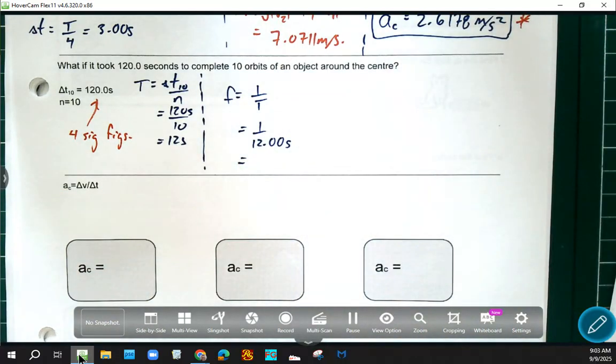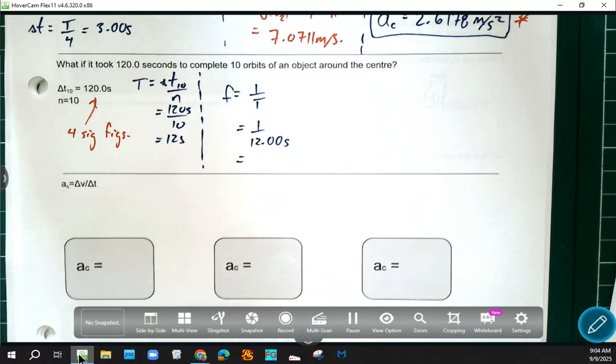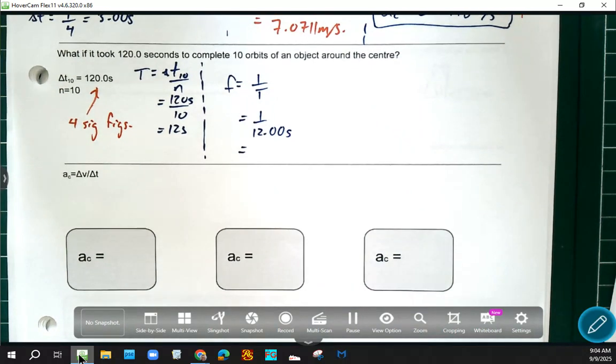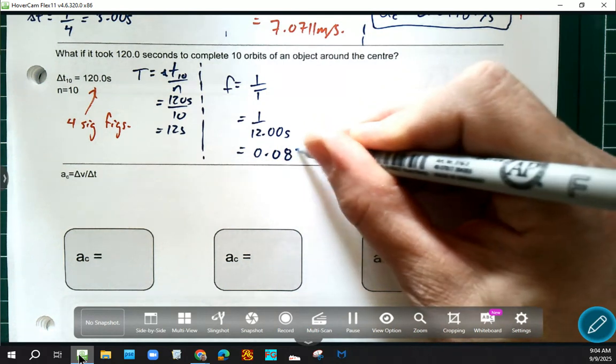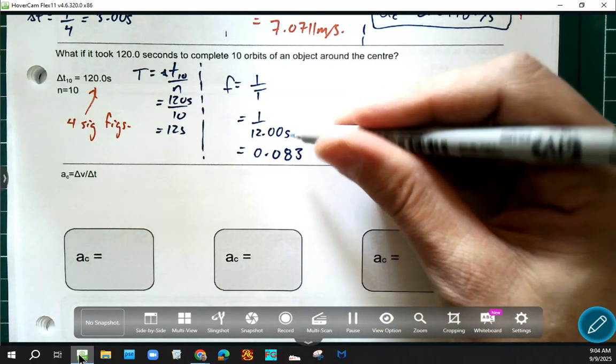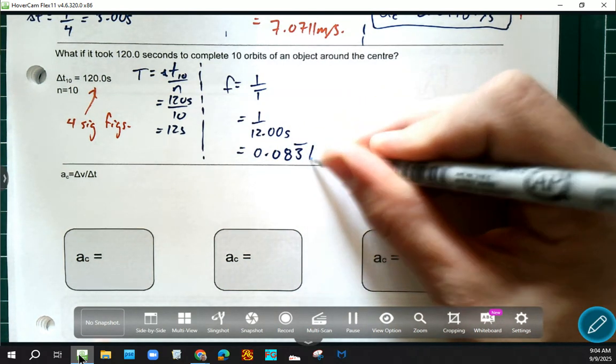Somebody help me out, what's the frequency for this? One divided by 12. Gosh darn it, I can't do that in my head. Yeah. 0.083 repeated. Nice. And it's the 3 that's repeated, right? All right. And hertz.